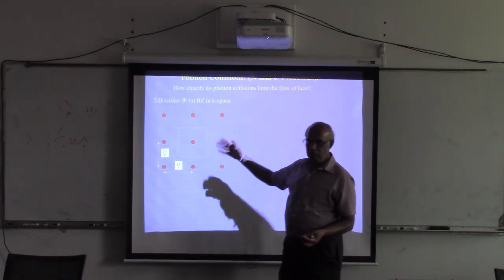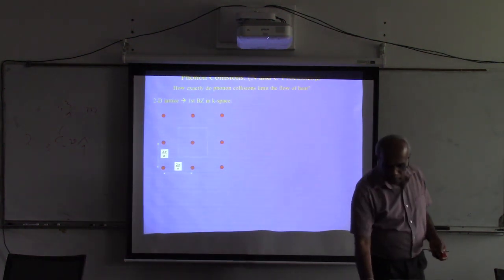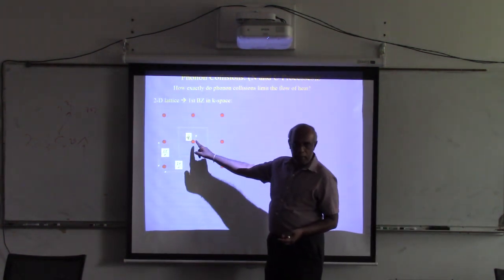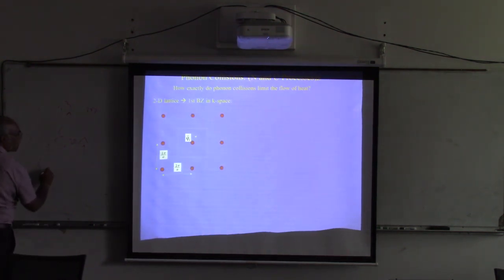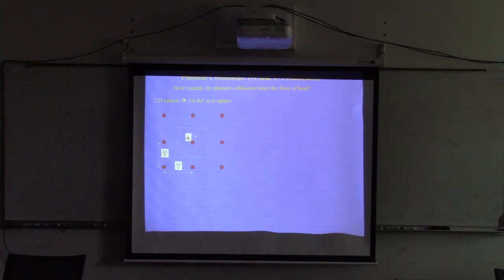The Wigner-Seitz unit cell in reciprocal space is basically the Brillouin zone. Now if you have 2 phonons, suppose this has phonon wave vector Q1, that means your momentum is h cross Q1.